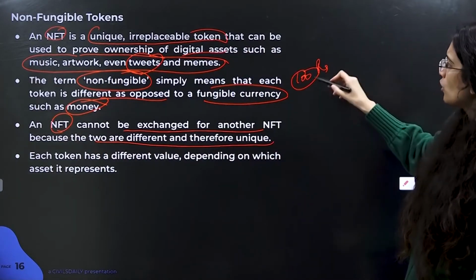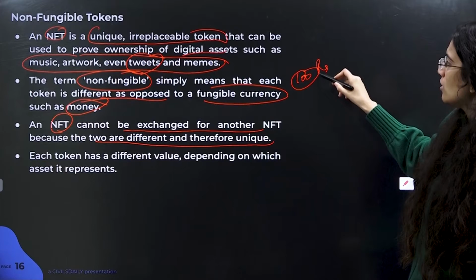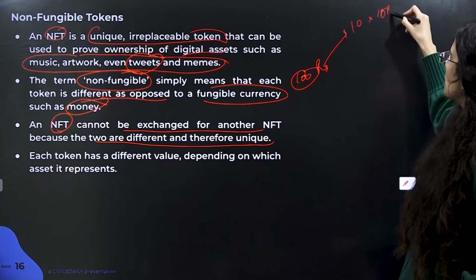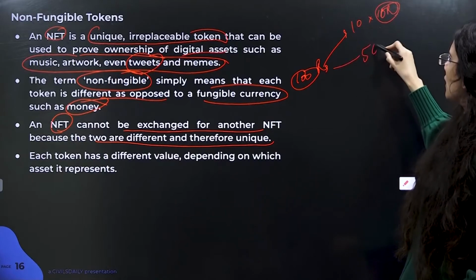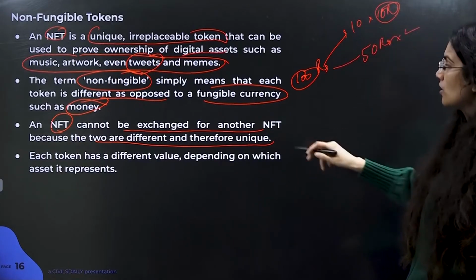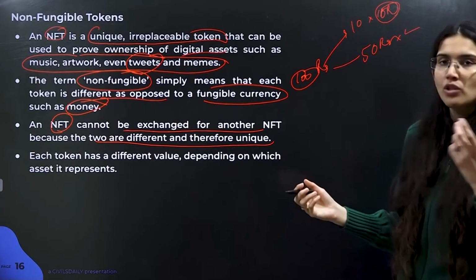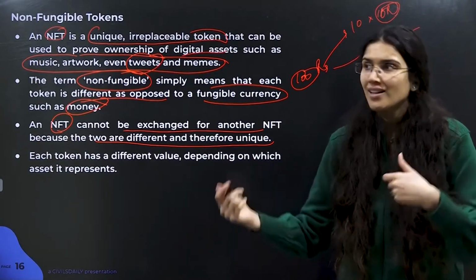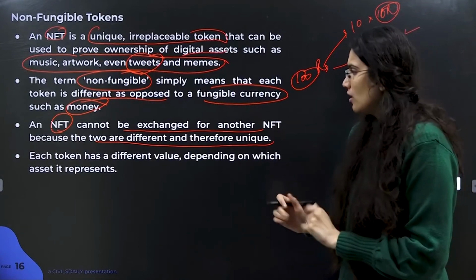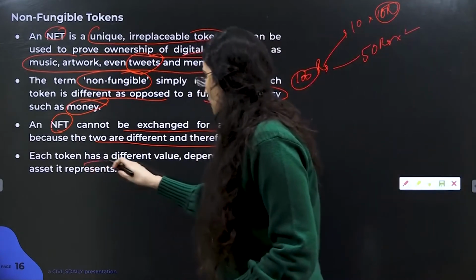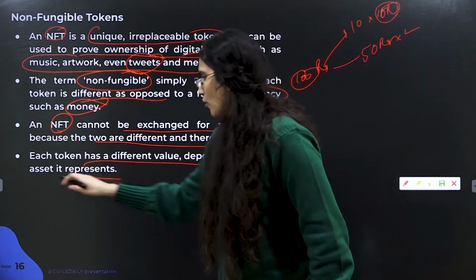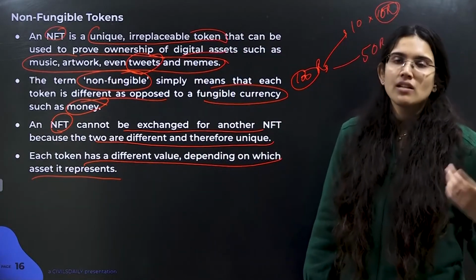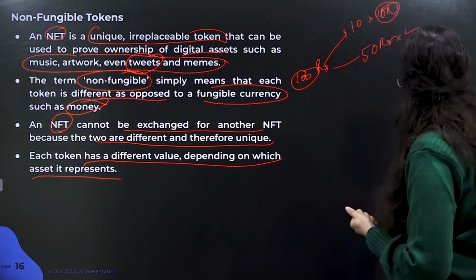The same thing I told you, that a 100 rupee note can be exchanged for 10 rupee notes, or 50 rupee notes. But you cannot say that I'm going to sell my Last Supper painting for your Mona Lisa painting. Completely different things, right? Each token is differently valued depending upon the asset it represents. Obviously, a painting and a piece of music might be priced differently, and that is how it works.